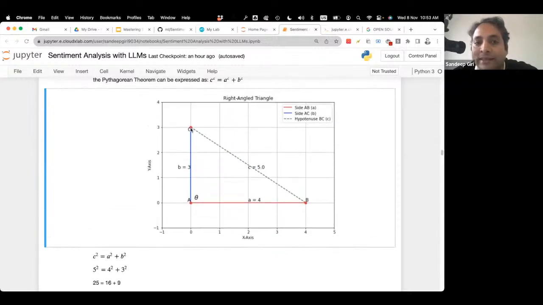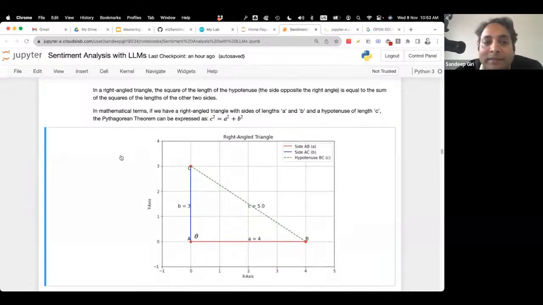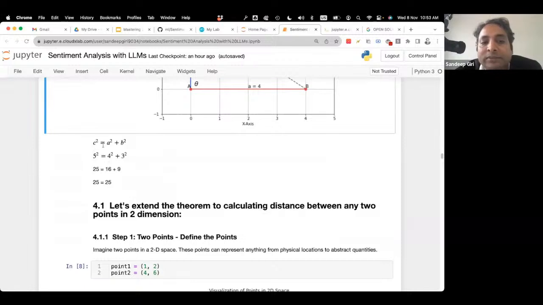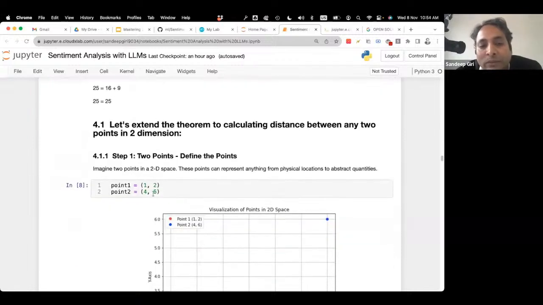How do you find the distance between this and this? Right? Using Pythagoras theorem, square of this distance plus square of this distance, you add up together. Correct? Pretty simple. We can just do C square plus A square and so on.